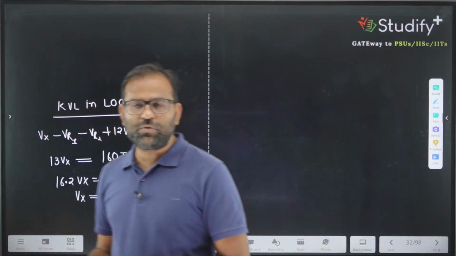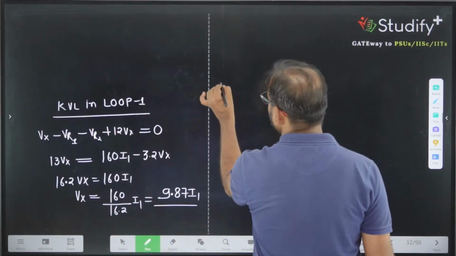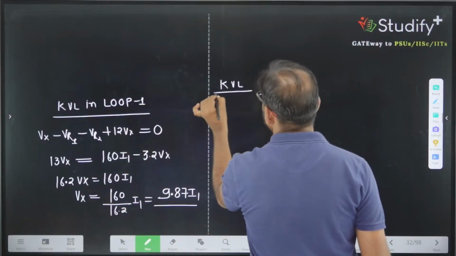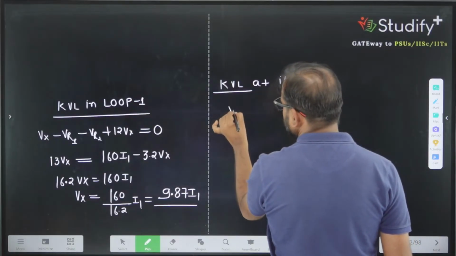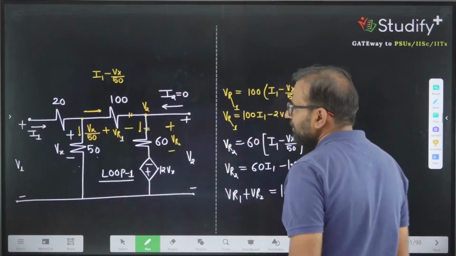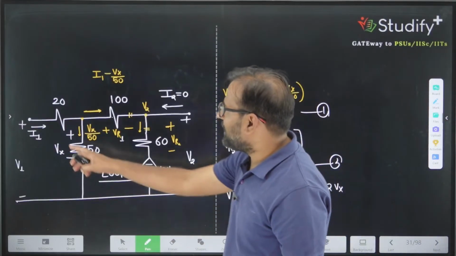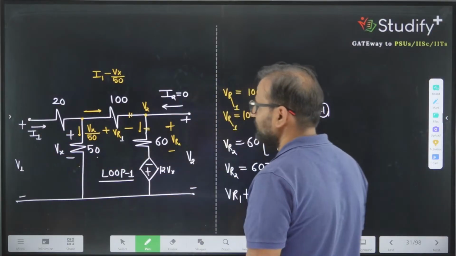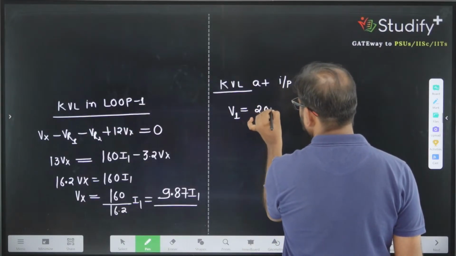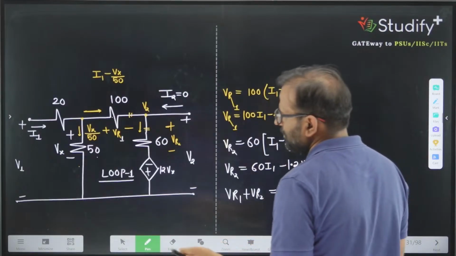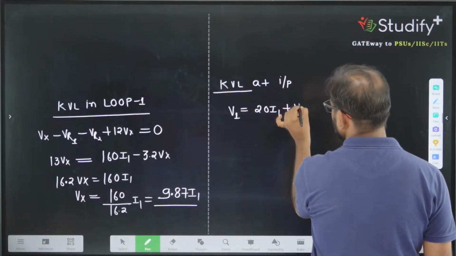If we know Vx, now we can calculate everything. Let's go to the first loop. What is the value of V1? Applying KVL at the input, V1 can be written as 20 times I1 plus Vx.